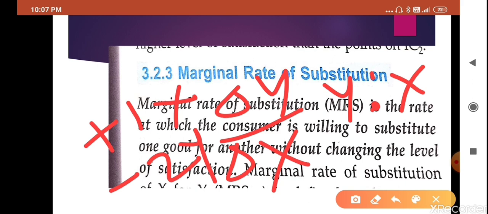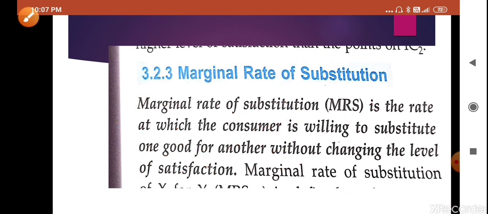As a consumer, if you are willing to increase one quantity of commodity x, how much quantity of commodity y you are sacrificing, that is known as marginal rate of substitution, and that is delta y upon delta x.